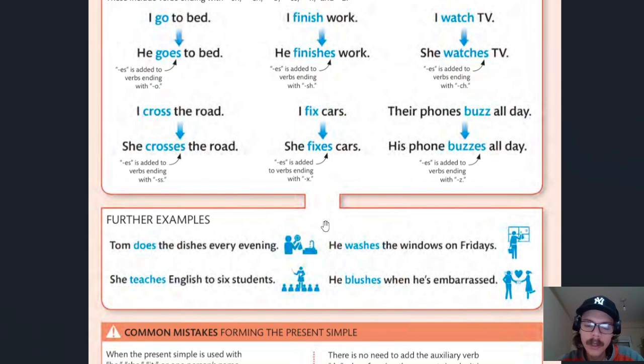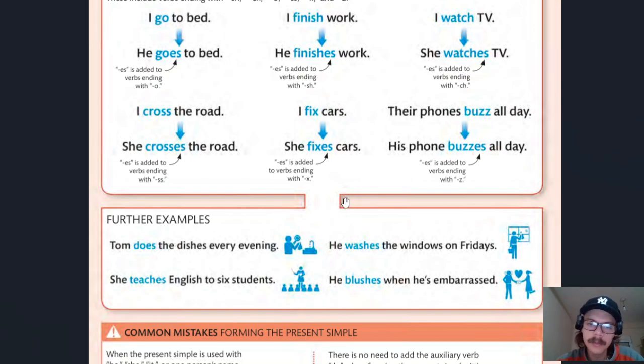All right? You have the first category where the previous letter is a vowel. For example, in the word say. Say ends in the letter Y, and the letter before the Y is an A, right? Or you have the second category, which is the letter before the Y being a consonant.